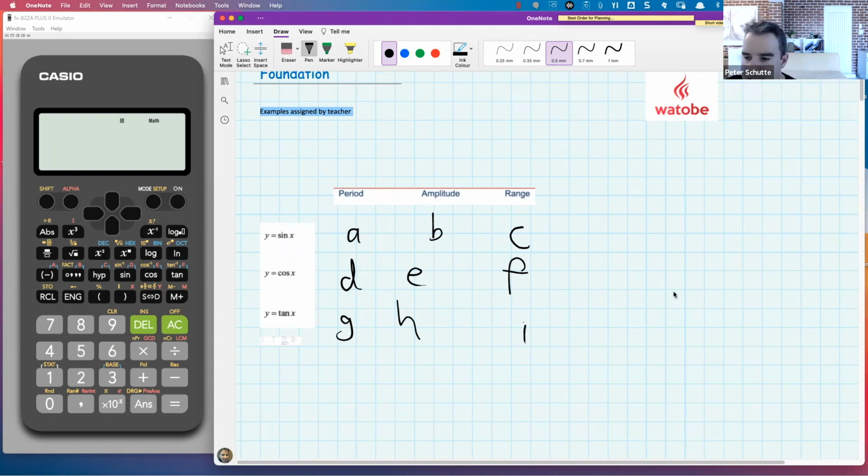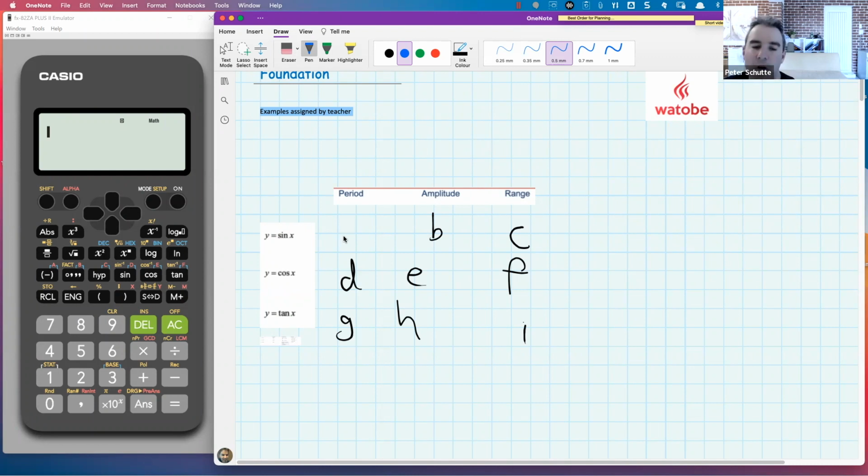But what is the basic period of the sine graph? That's question 1. How long does it take for a full cycle to be completed with the sine graph? Let us know what you think, guys.